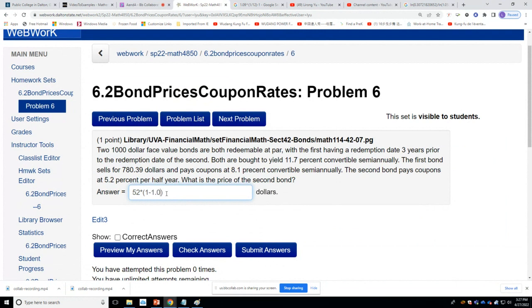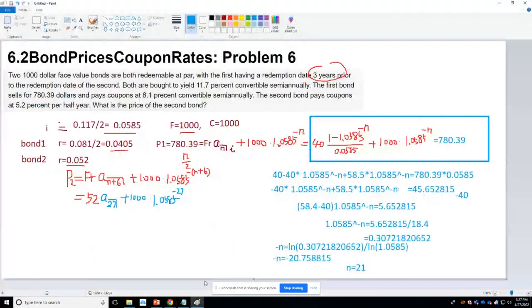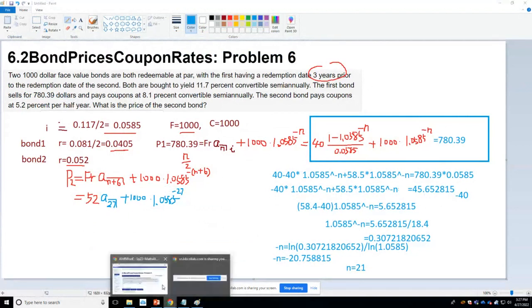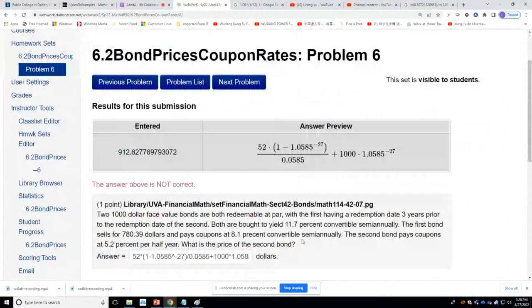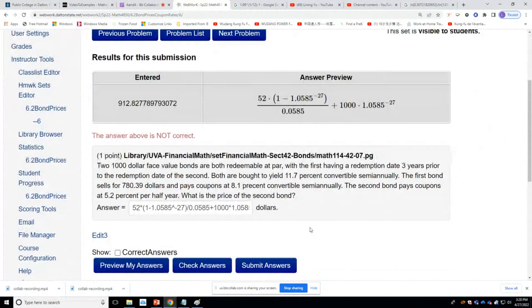So this is 1.0585 to the power of negative 27, plus the 1,000 multiplied by 1.0585 also to the power of negative 27. Let me make sure I enter it the right way. Oh, this is A, we should divide by 0.0585.